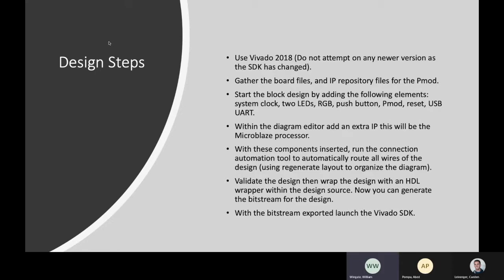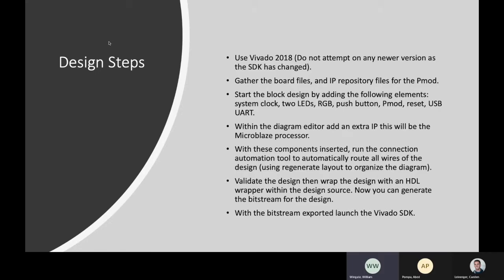Within the diagram editor, we'll add an extra IP, which will be our microprocessor. With these components inserted, we're going to run the connection automation tool to route all of the wires of our design, and we'll use regenerate layout to organize the diagram so that it looks nice.